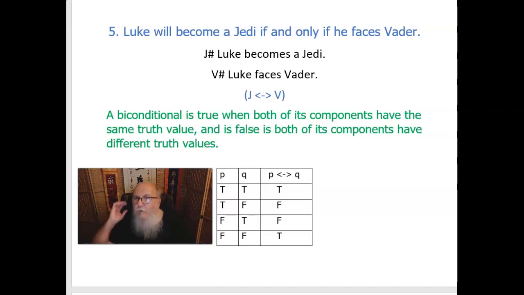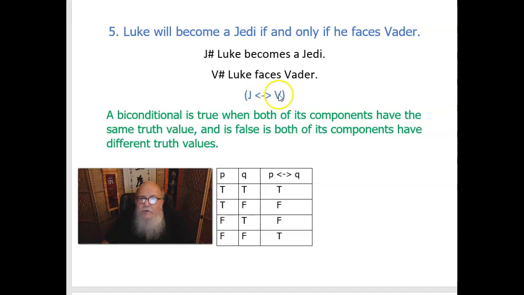So here we have our final truth functional definition, our final operator, the biconditional. Consider, Luke will become a Jedi if and only if he faces Vader. So we let J stand for Luke becomes a Jedi, V for Luke faces Vader, and that gives us J if and only if V. That's how we'd read that.